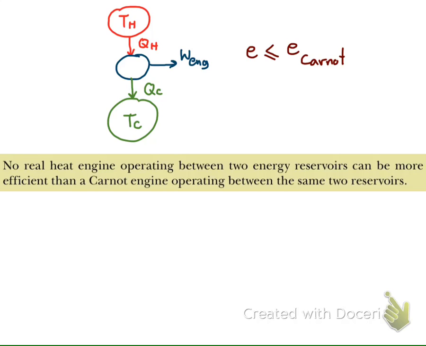Here it means that your engine has to work with the same pair of TH and TC. If your engine works with the same pair of TH and TC as the Carnot engine, the efficiency of your heat engine will be less than or equal to the efficiency of the Carnot engine.